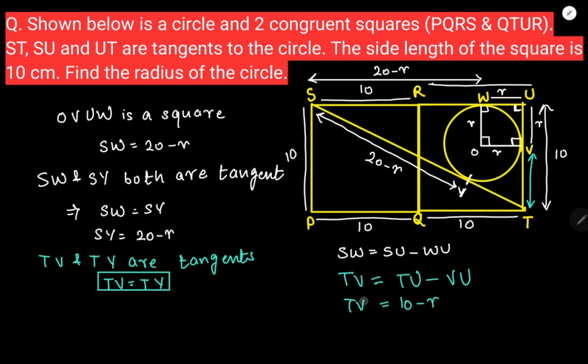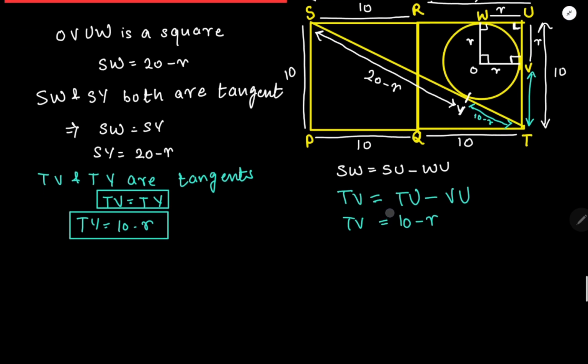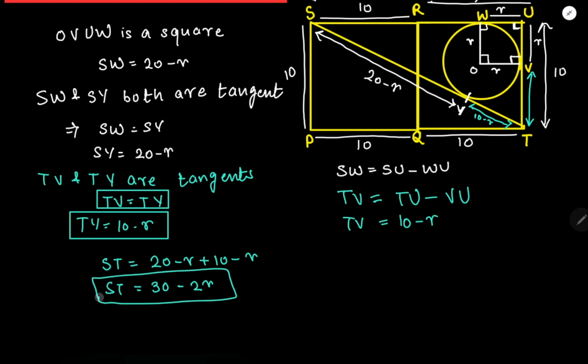So TV is equal to 10 minus r, which implies TY is also equal to 10 minus r. So what is ST? ST is equal to 20 minus r plus 10 minus r, that is equal to 30 minus 2r. So we found what ST is.